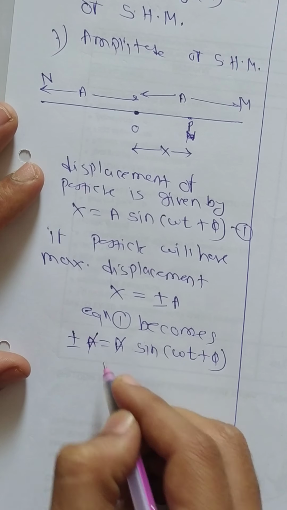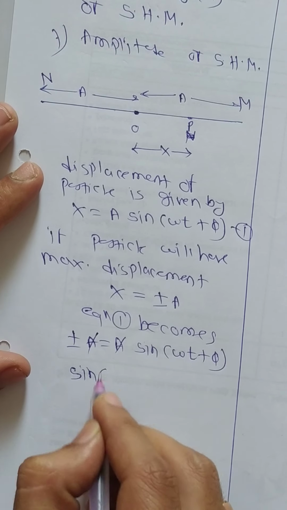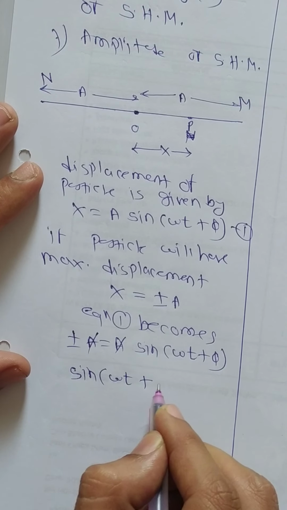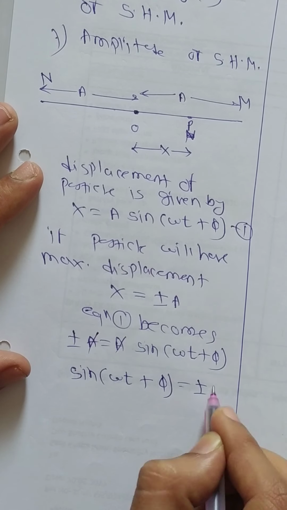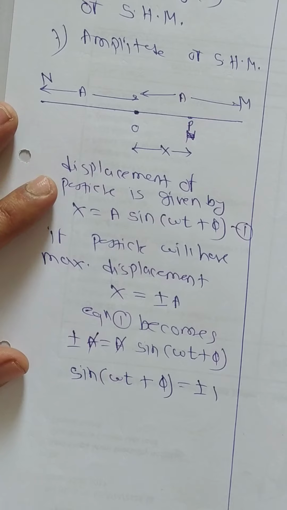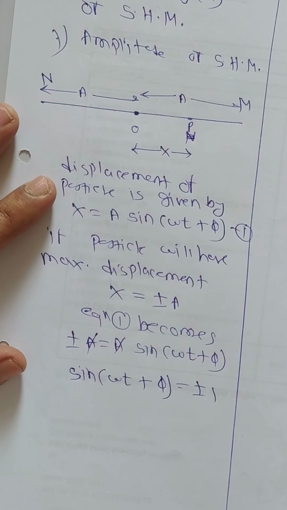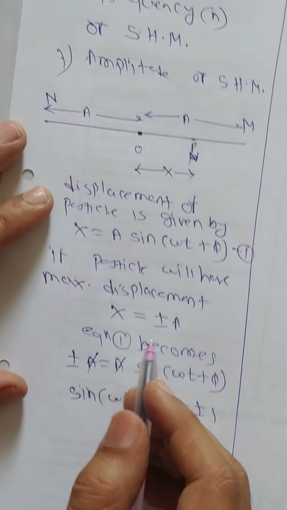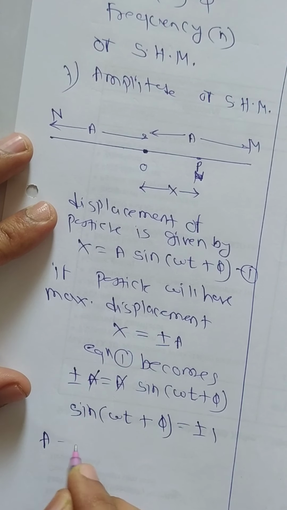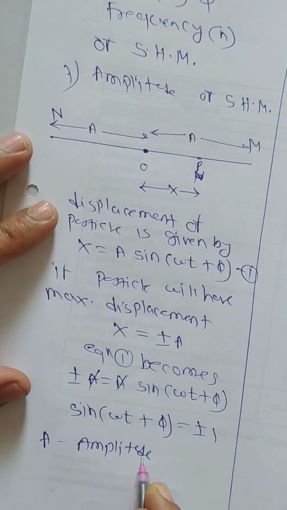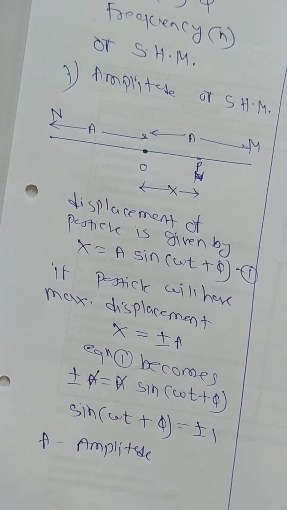So a will cancel out, and sine of omega t plus phi is equal to plus or minus 1. So the distance a is nothing but your amplitude. A is the amplitude of SHM.